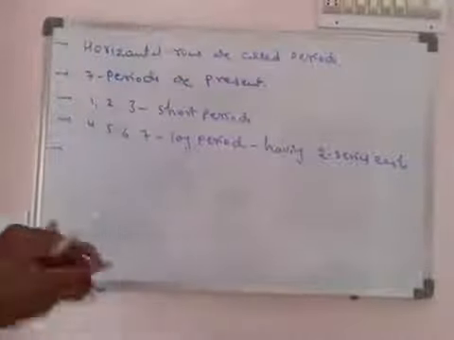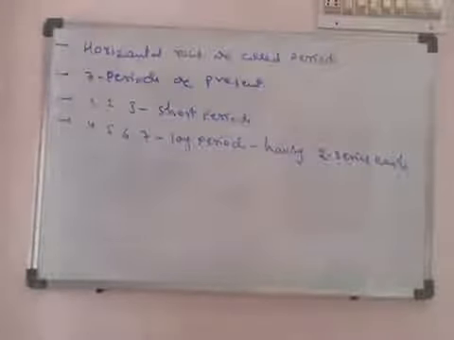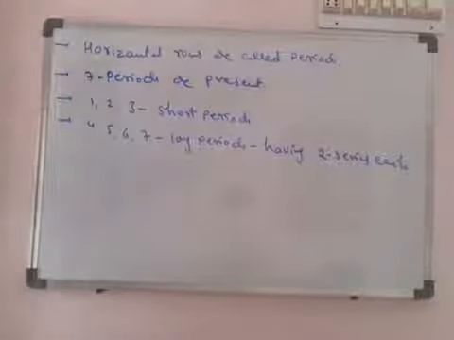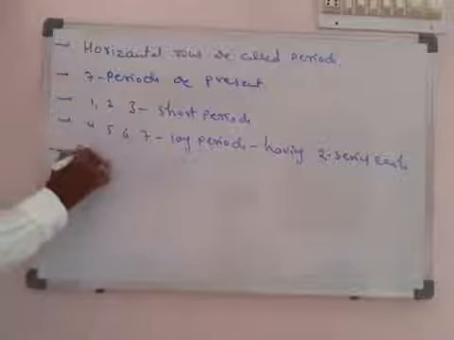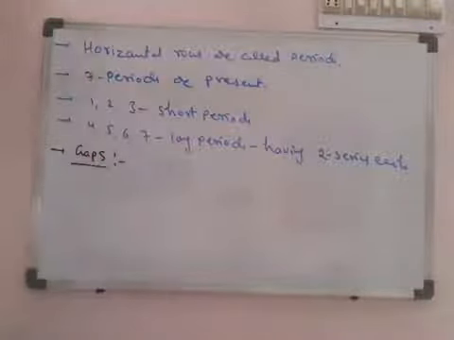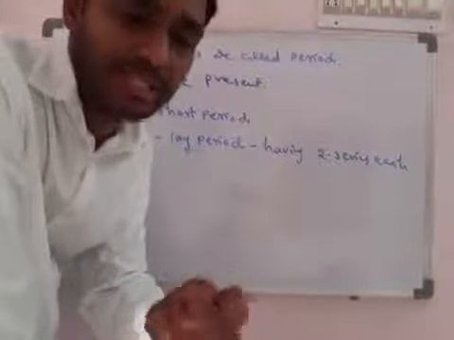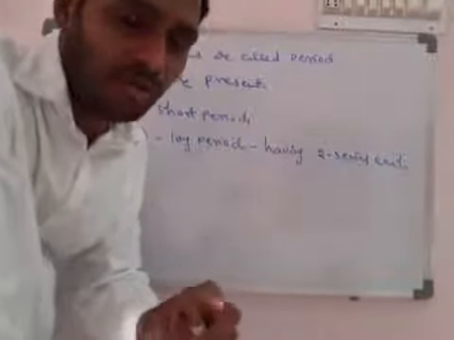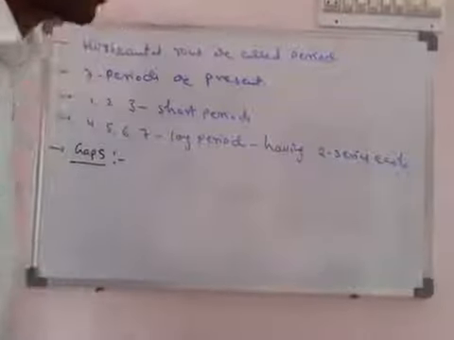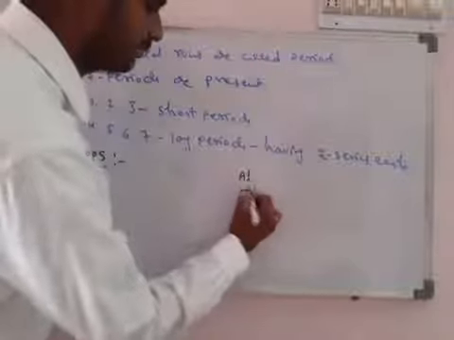Next, one more important thing: he left some gaps. So now we see about gaps. He left some gaps at some places. For example, if you observe the table, boron, aluminium.